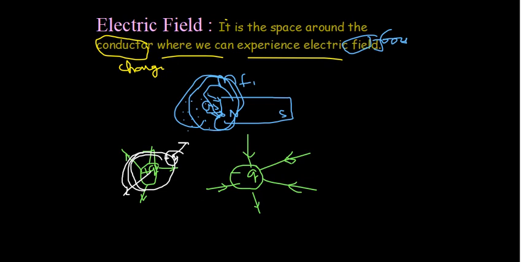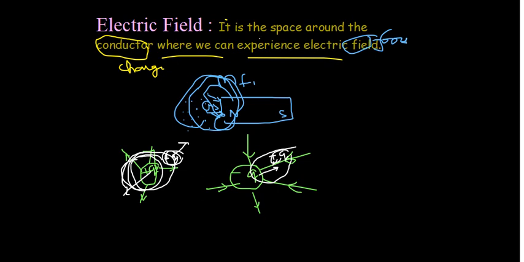Therefore, I'll repeat again: it is the space around the charge where we can experience the electric force, and this field we are calling the electric field. Similarly, if I bring a positive charge near the negative charge, it will attract. Again the same story, but it is an attraction.